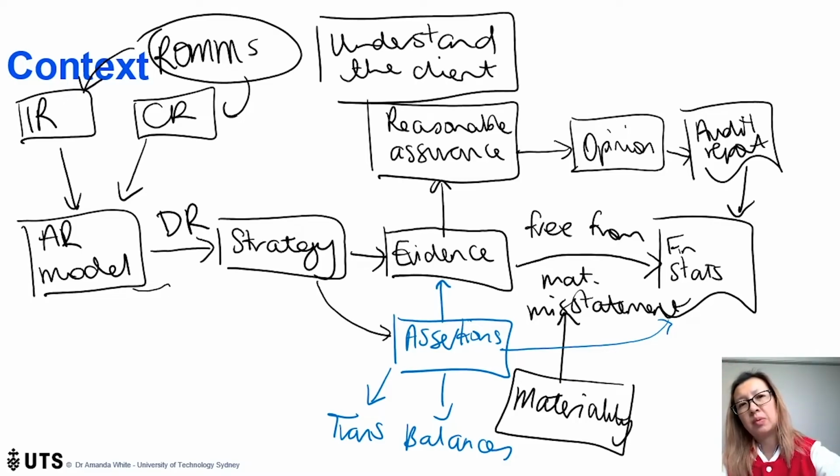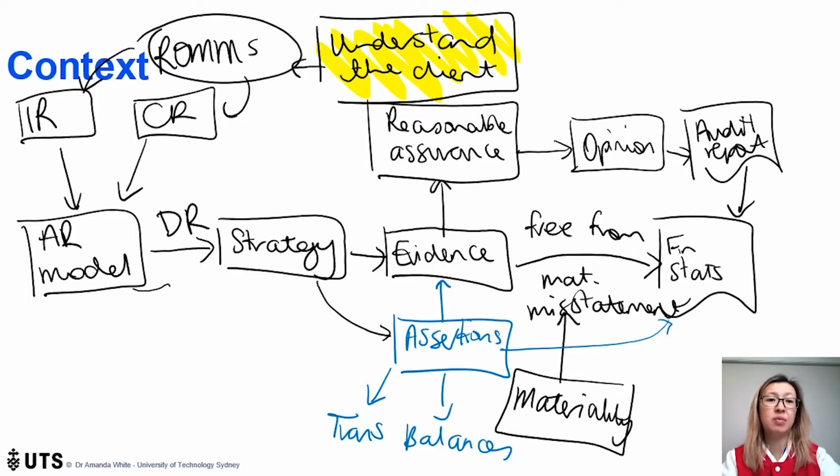So in terms of what we've been doing so far in the planning phase, we've been looking at what we need to do to understand the client so that we can generate control risks and inherent risks and an assessment to be able to use the audit risk model to come up with a general audit strategy. And that's what today is going to be about.